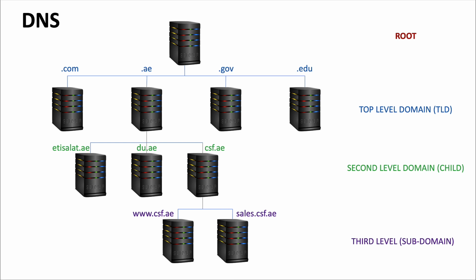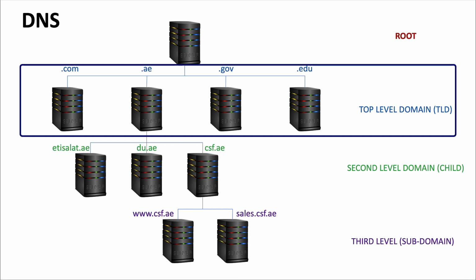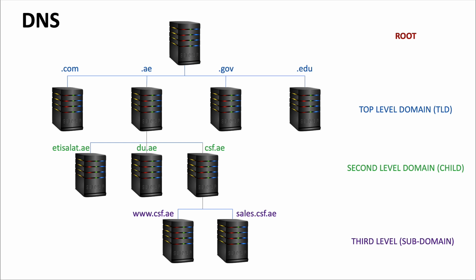The DNS system is a lookup system, and it looks like an inverted tree with a parent-child relationship between the domains. You can see after the root, the top-level domain, or TLD. This is your .com, .net, .gov, .edu, .ae, and so on and so forth.